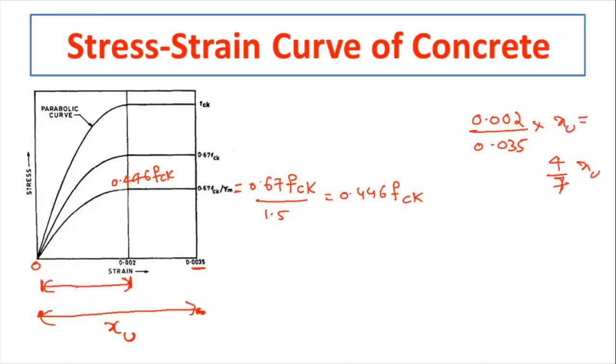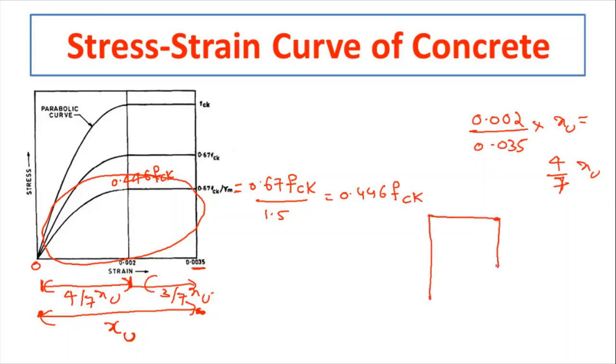That means this parabolic portion has a distance of 4 by 7 XU and this remaining distance is 3 by 7 XU. Now if you rotate this diagram, you will get it like this. Here the strain is 0, here 0.002, here 0.0035.